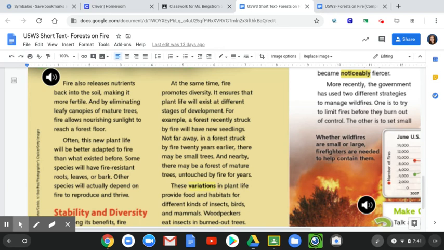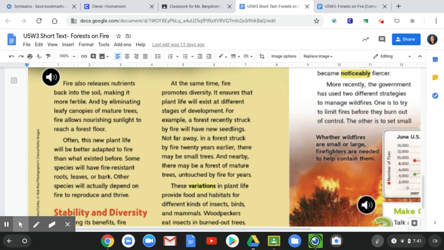And it says it will allow the sunlight to reach the floor of the forest. So, what kind of trees have a lot of leaves? I'm thinking that's probably fully grown trees. Mature probably means fully grown because those kinds of trees have enough leaves that would cover the forest floor.